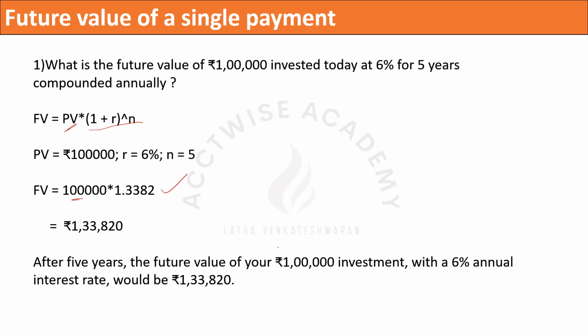Present value is 1 lakh. So future value becomes 1,33,820. See, with the formula method we found the same answer, and even if we use the FV table for single payment, the answer is the same. So in the exam you can use either formula method or FV table method.